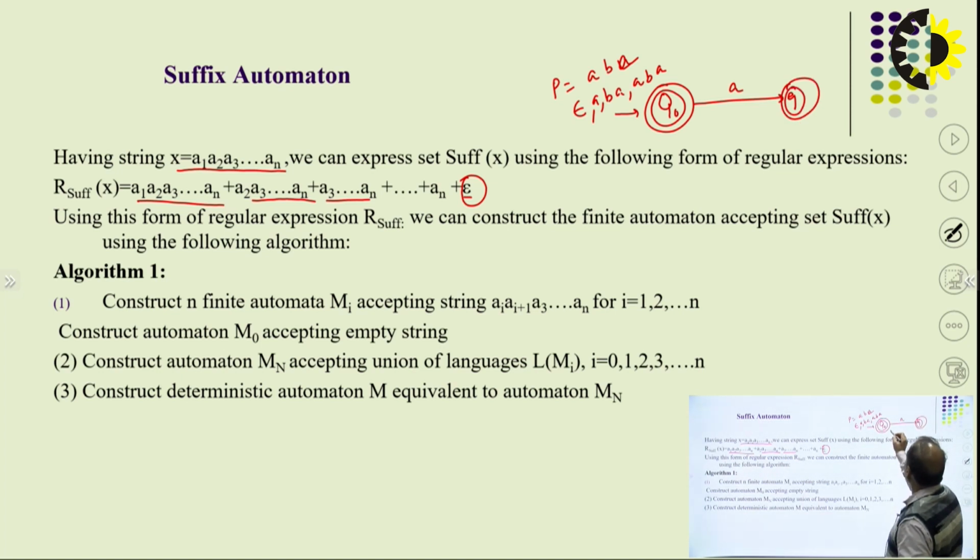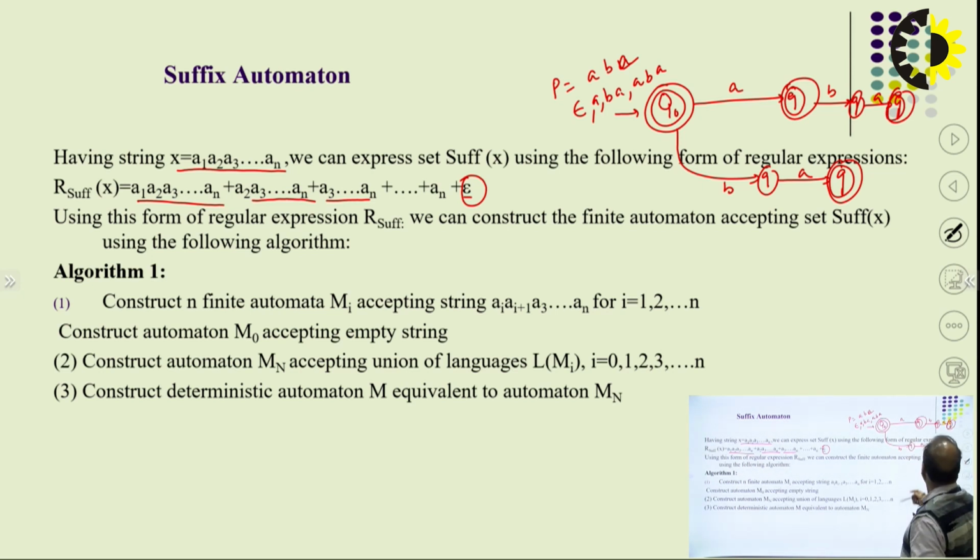And then BA: B, and then another A, which is another accepting state. And then ABA: A, B, then A, which is another accepting state, right? So we have three finite automata: one finite automaton, another, and a third.